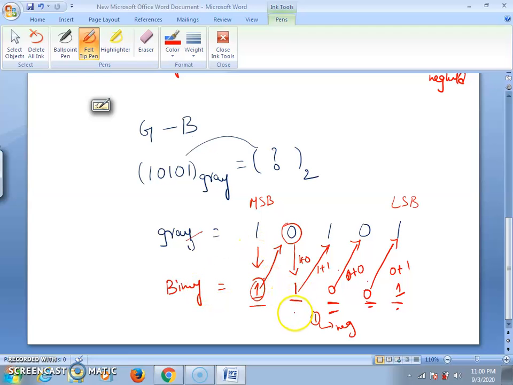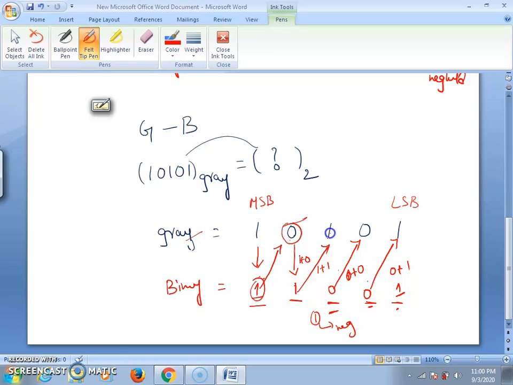Once again, I am explaining the same process. The MSB is copied as it is in binary also. First step completed. For the next digit, I add the MSB of binary to the next lower significant digit of gray code. I add these two bits together: 1 plus 0 is equal to 1.